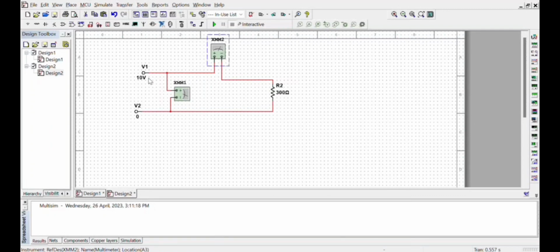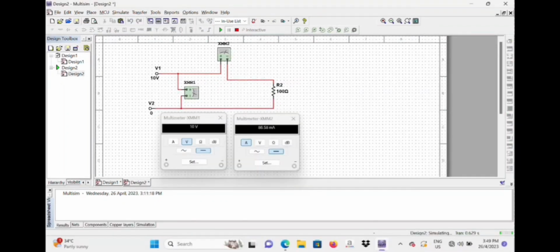And also we have load resistor, RL, which is 100 ohm, 150 ohm, and also 300 ohm.